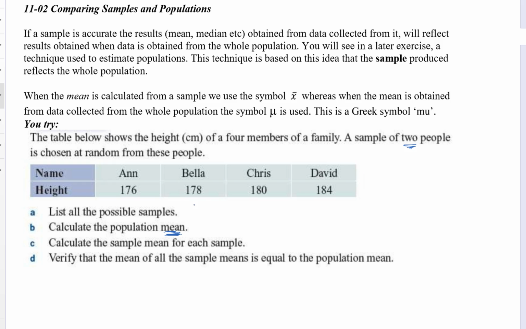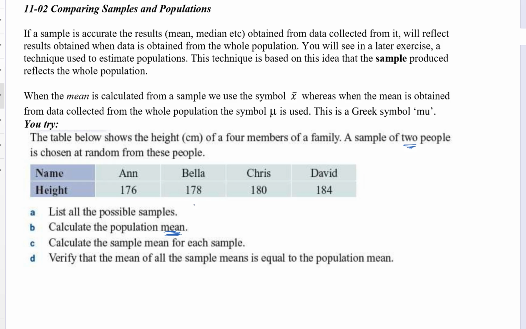Now, I suppose that's not always going to be possible. If the population is huge, then you wouldn't want to have to create enough samples that you cover all the population anyway. You might as well have done a census.